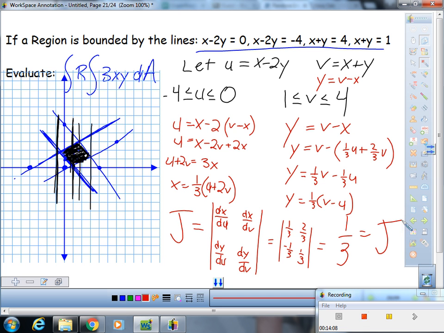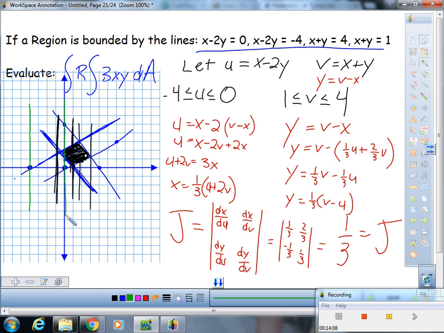So here's what we did. Remember what our new rectangle was? What's u go from? u goes from negative 4 to 0.